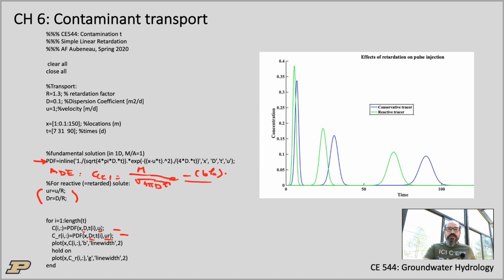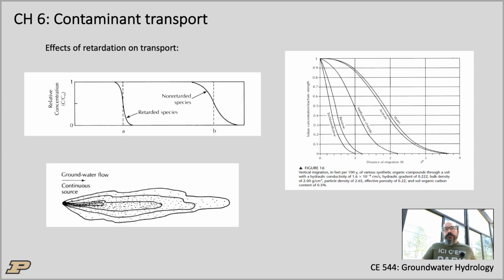So the blue lines are the original velocity and dispersion, and those green lines are the modified, divided by R velocity and dispersion. And that's really all it is. If you have linear retardation, you just have that retardation factor, you plug it in, and that's it. That gives you directly the slowing down of the plume compared to the water, compared to the conservative transport, which is in blue here.